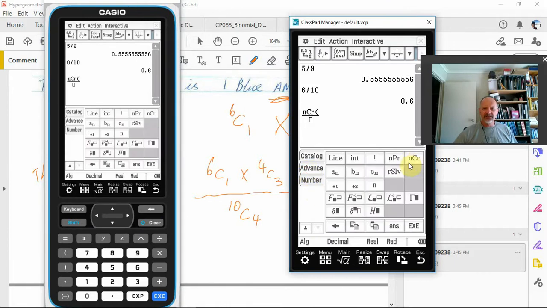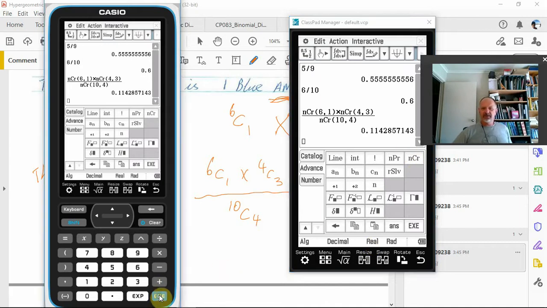Advanced, NCR: we've got 6, 1, times the next one, 4C3, 4, 3, and then over 10C4, 10, 4.